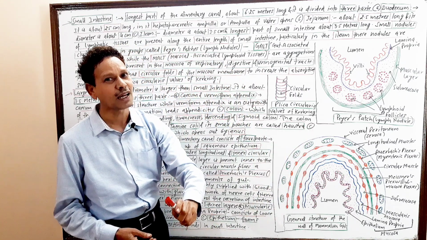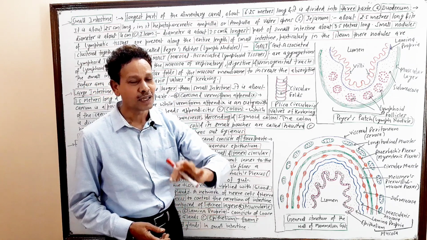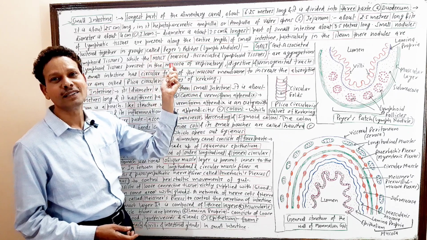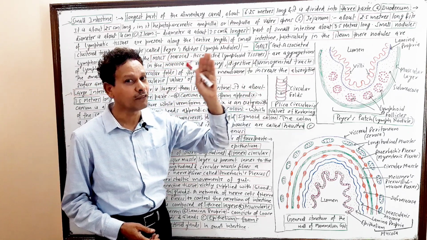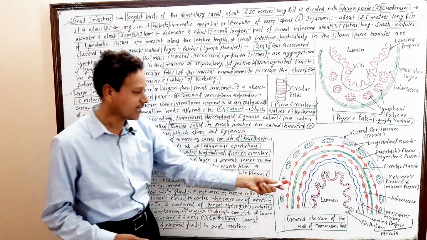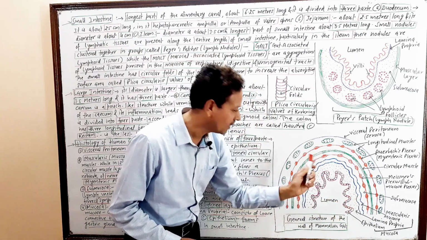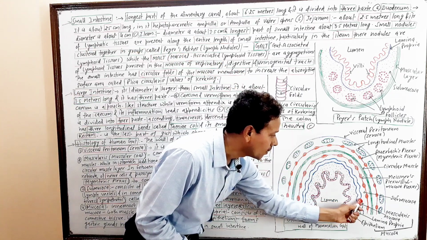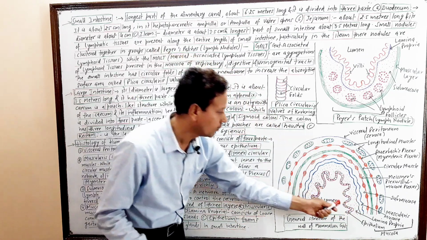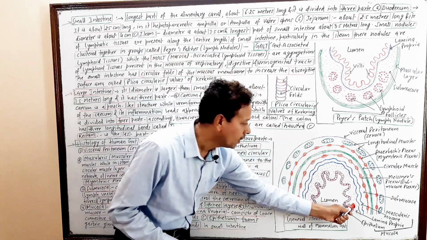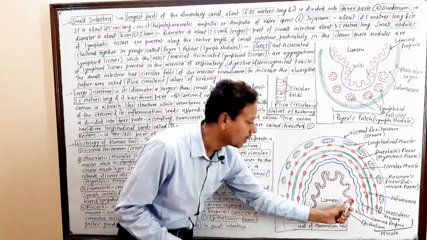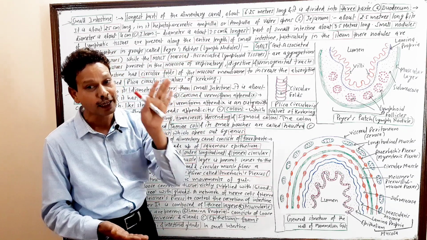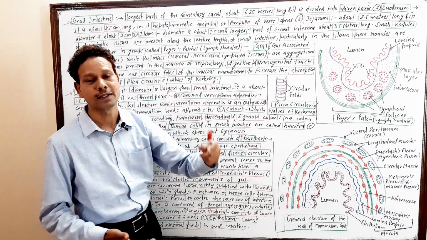This mucosa produces circular folds, and here we also mentioned MALT, mucosal associated lymphoid tissue. The mucosa is further divided into 3 parts: muscularis mucosa, then lamina propria, and the inner lining, epithelium. It means this innermost fourth part, mucosa, has 3 layers.